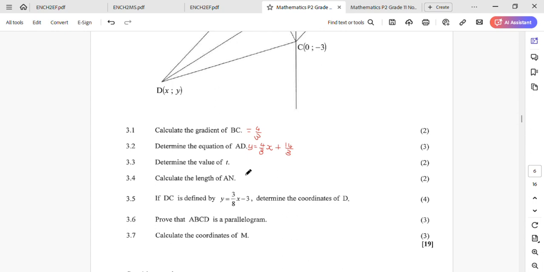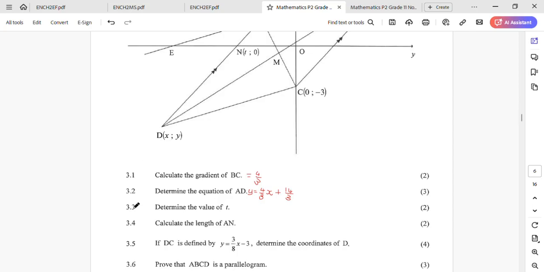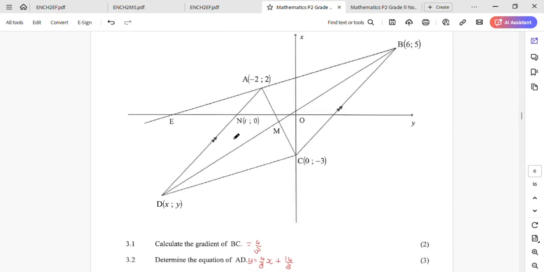Okay. Number 3.3. It wants us to determine the value of t.